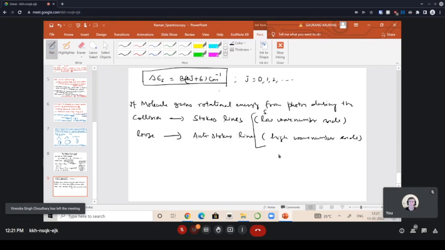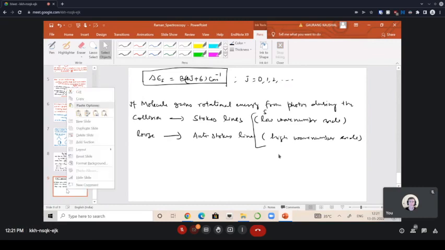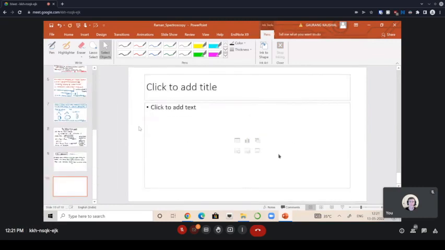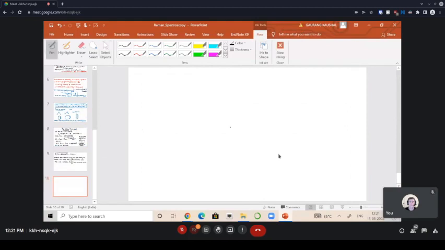So let me draw the spectral lines. Firstly, let us draw these rotational energy levels: J equal to 0, J equal to 1, J equal to 2, 3.